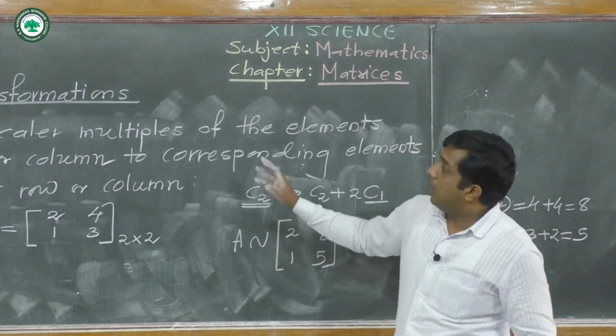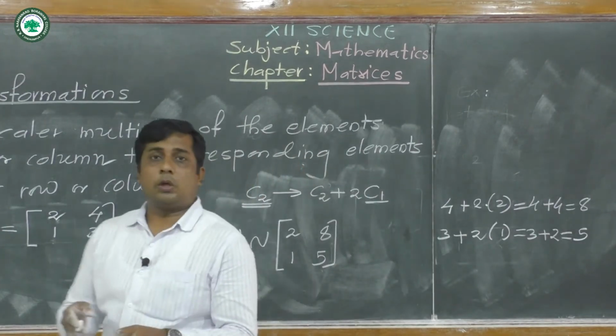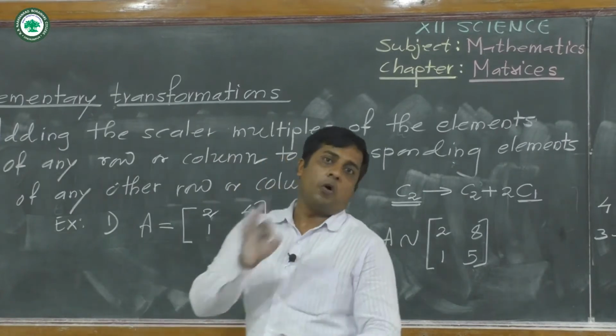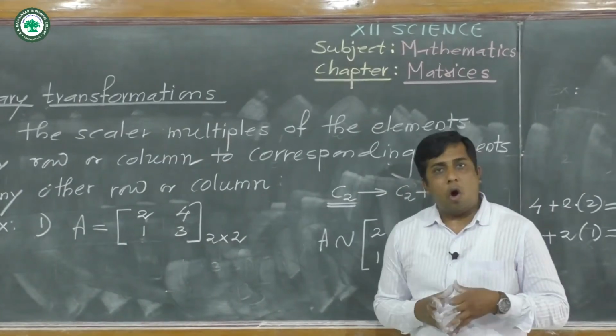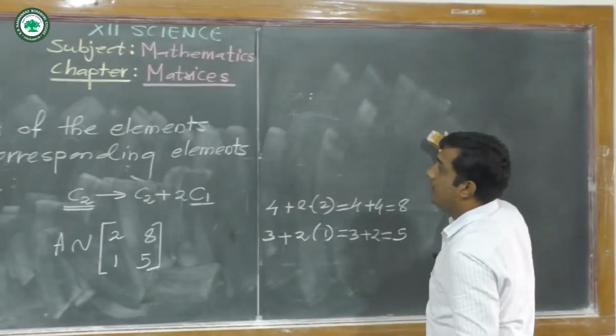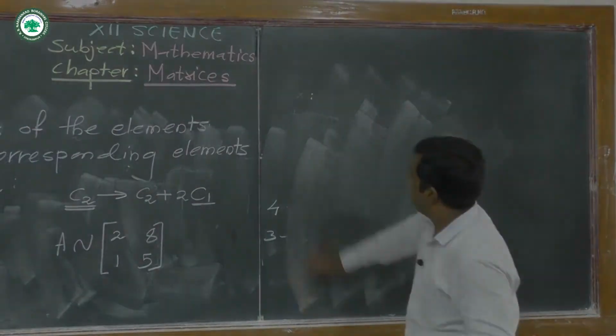Okay, so up to now we consider a total of 6 elementary transformations, and here 3 are for rows and 3 are for columns. Let us see some more examples to define the elementary transformations.